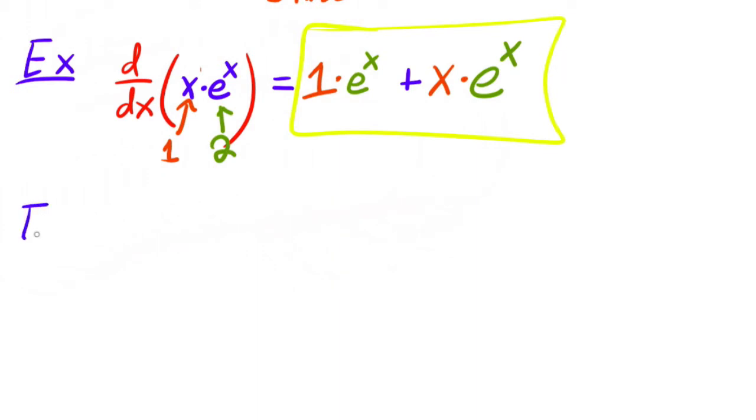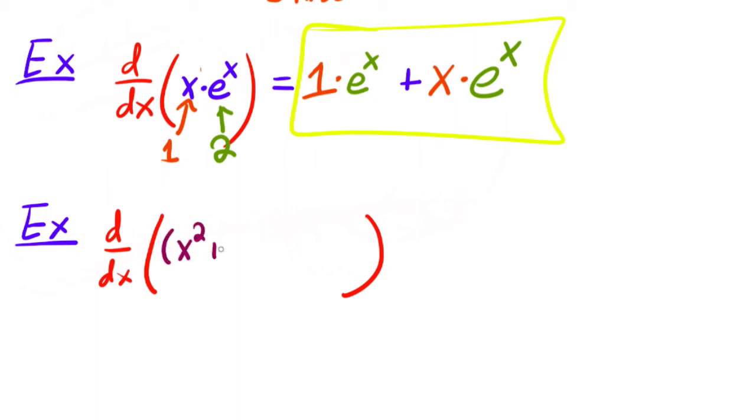So let's do another one. Let's say, for example, I want to find the derivative of x squared plus 4 times 3 minus 7 e to the x.